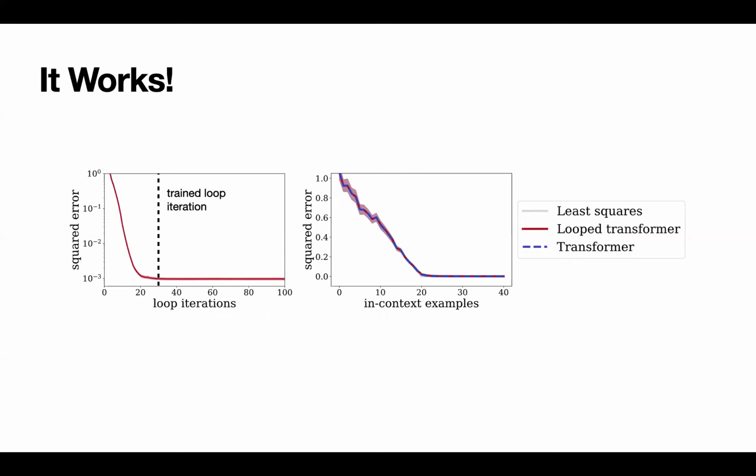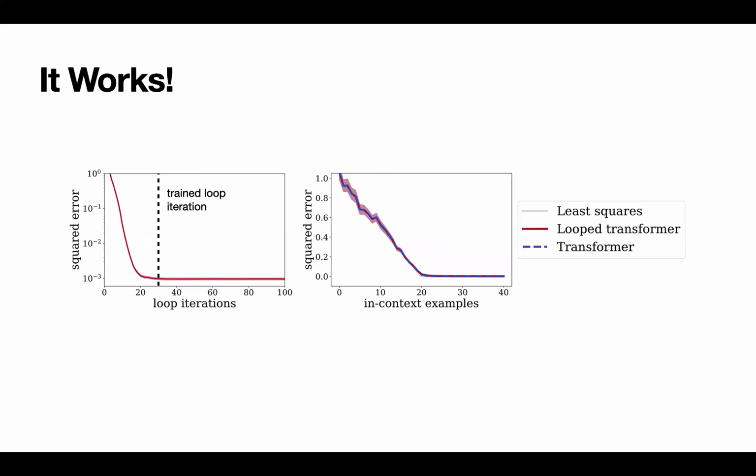The white curve hiding behind is the least squares solution, and the dashed blue curve is the transformers, almost matching the optimal solver. The looped transformer is the red curve, with almost the same performance as the standard vanilla transformers.